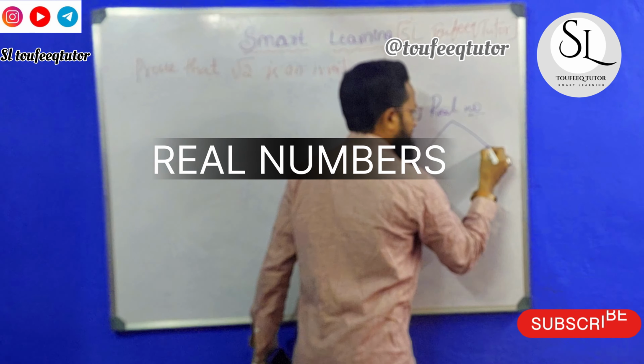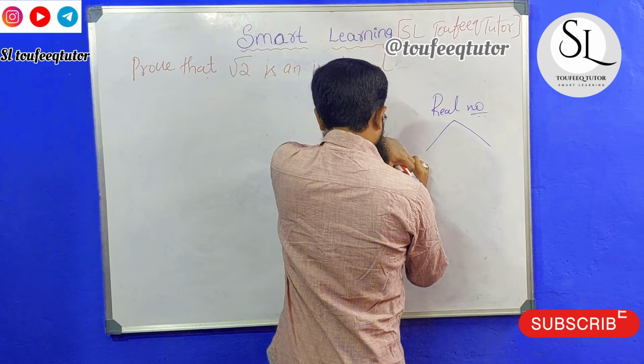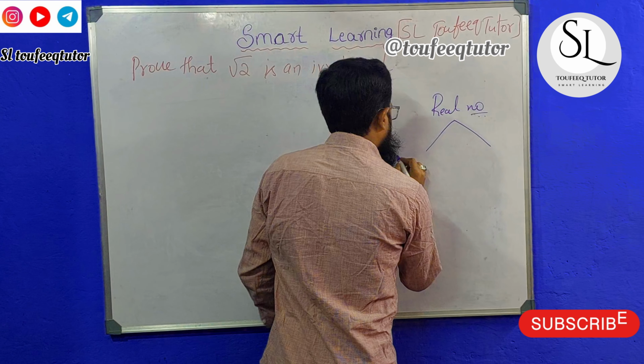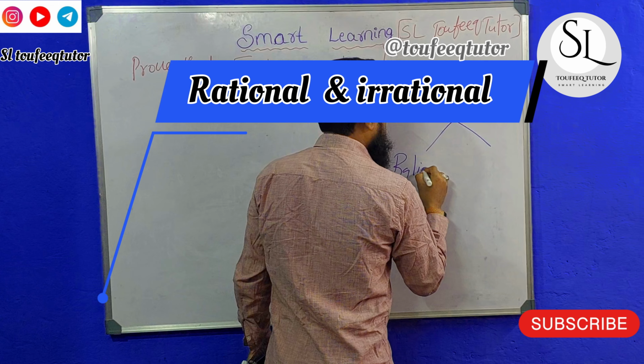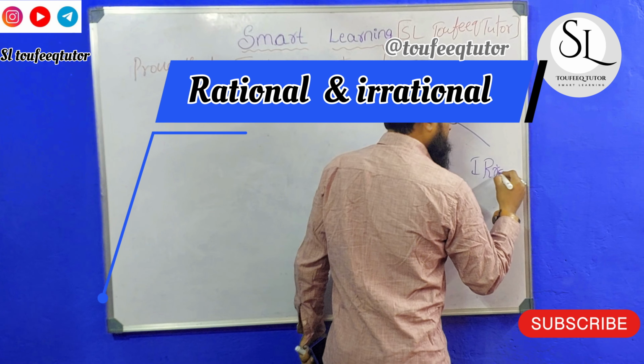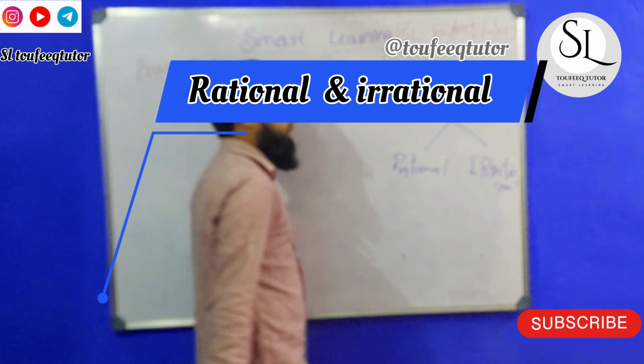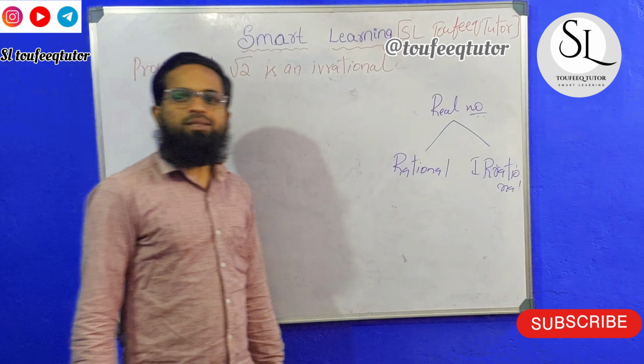What is a real number? The combination of both rational and irrational. What is this rational?